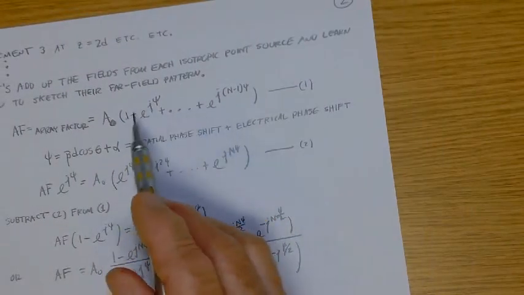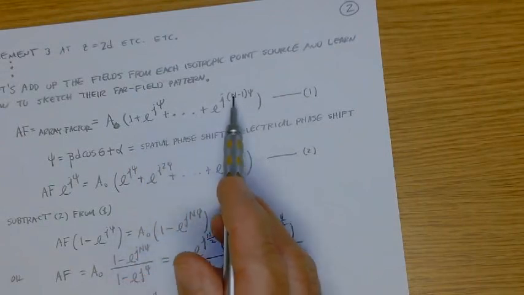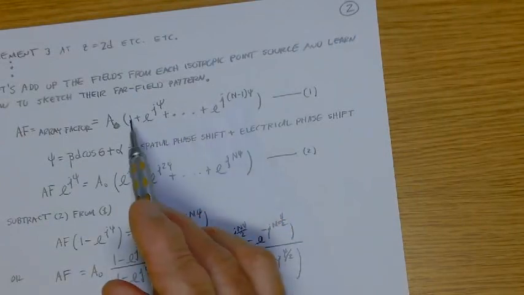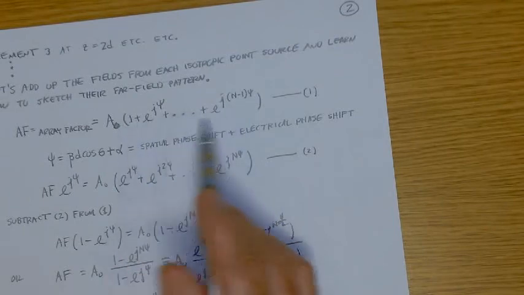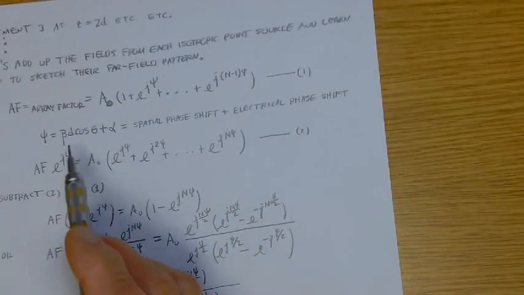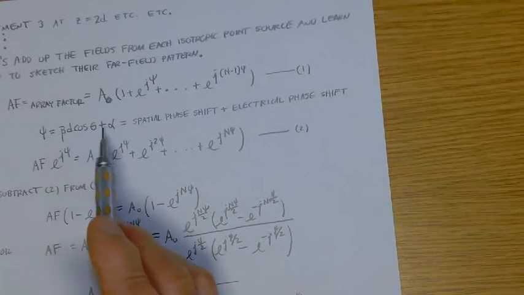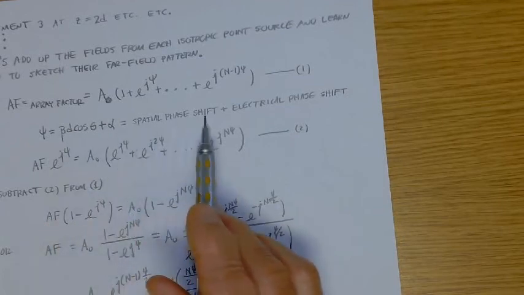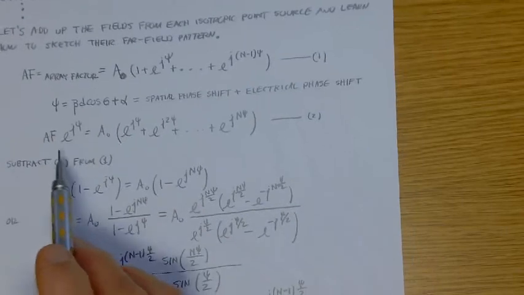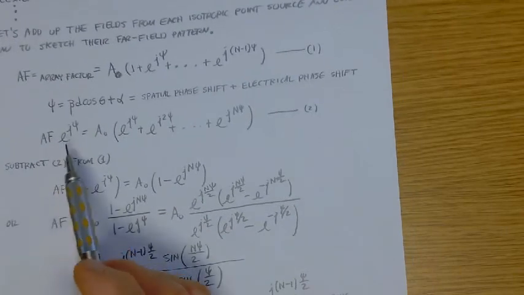So this will sum up to n minus 1. Since that one doesn't have an index, it's going to be n of these. So psi is beta d cosine theta plus alpha, spatial phase shift plus electrical phase shift. So we can manipulate this thing.